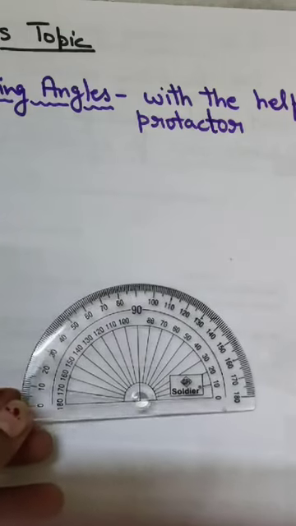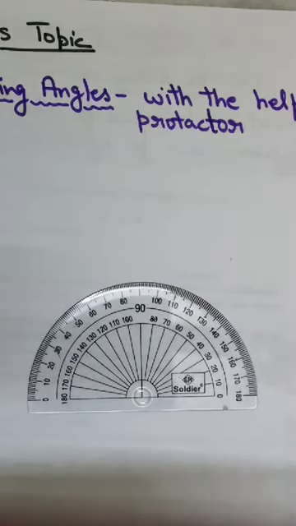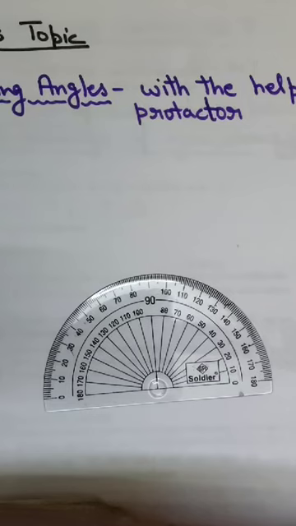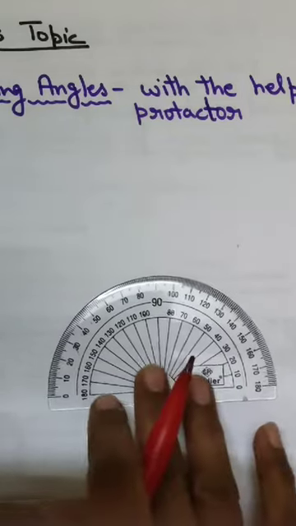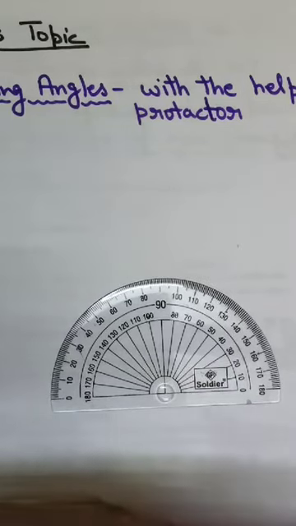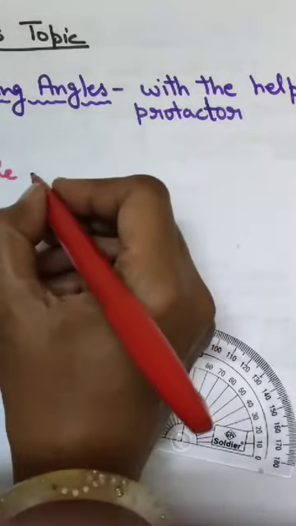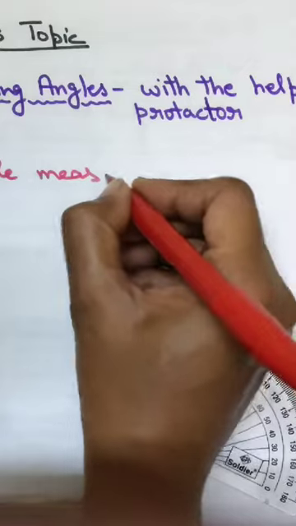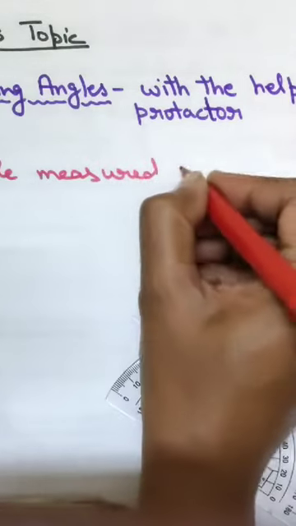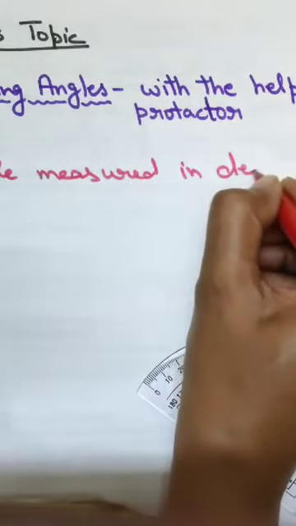Now, what is the unit to measure an angle? An angle is always measured in degrees. The unit is degree. Okay? Angle is measured in degrees.